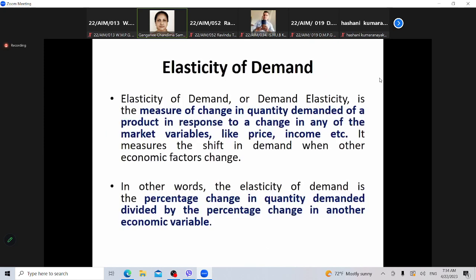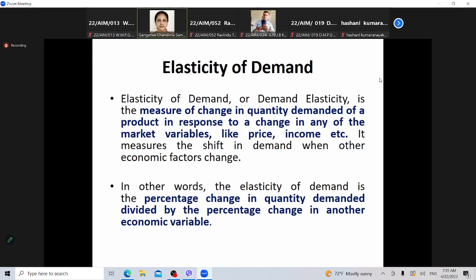Now, at the very beginning we studied elasticity of demand. We discussed it as the measure of change in quantity demanded of a product in response to a change in any market variable, maybe price, income, or other things. If it is price, it is price elasticity of demand. If it is income, it is income elasticity of demand.